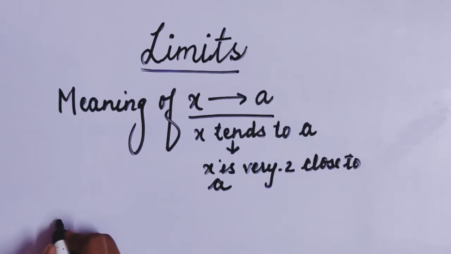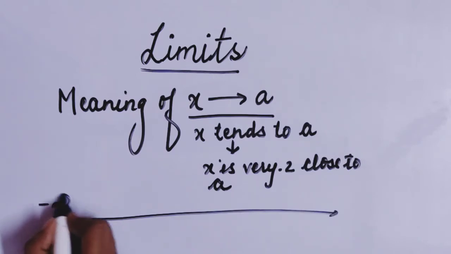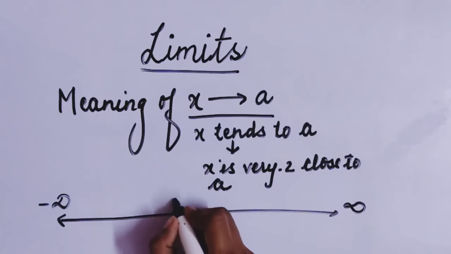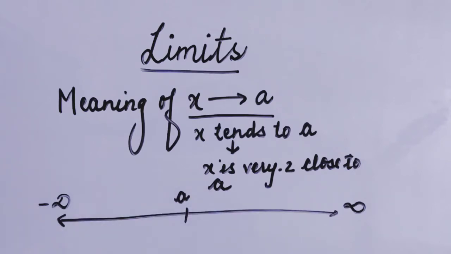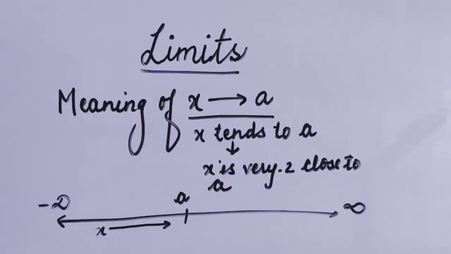Like see here, this is your number line, from minus infinity to positive infinity. And this is a point A. If we are saying that x is tending to A from left, then how will we represent it? We'll say x is tending to A from here, which means from the left hand side.